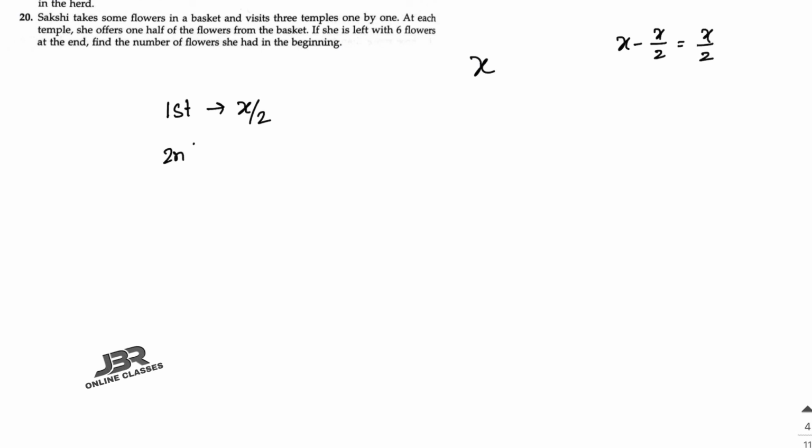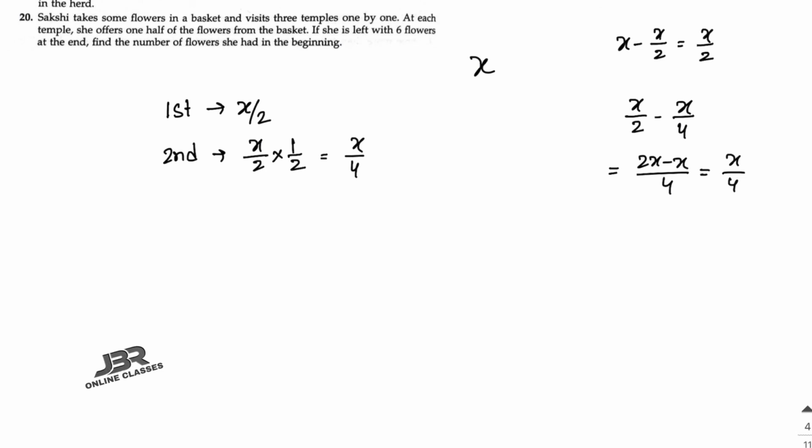Now in the next temple, again she offers half of x by 2, that means x by 4. So now the remaining number is x by 2 minus x by 4. Taking 4, 2x minus x equals x by 4. Now in the third temple, she offered x by 4 into 1 by 2, that equals x by 8.